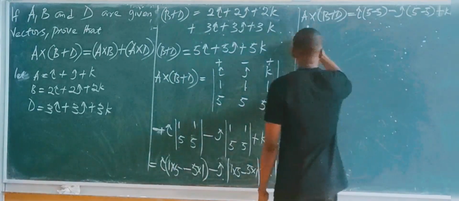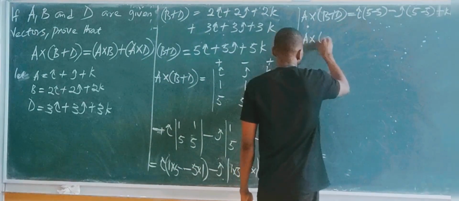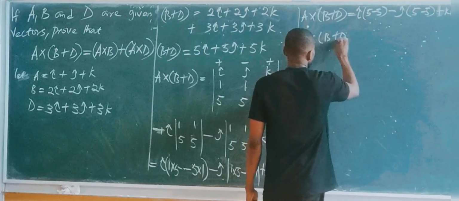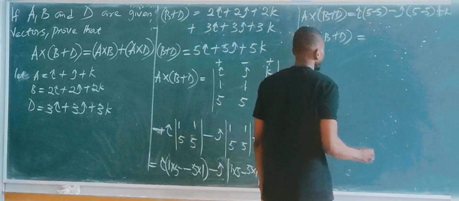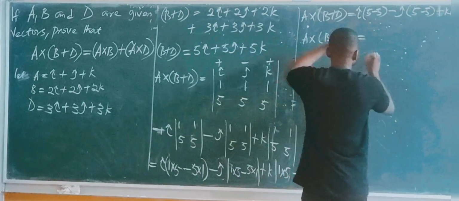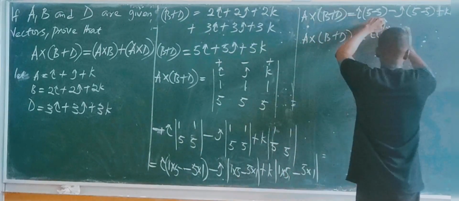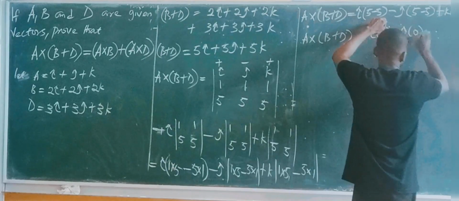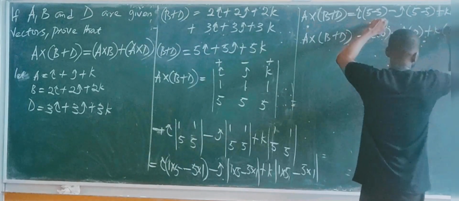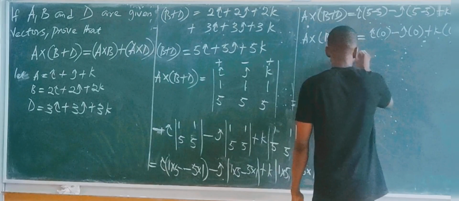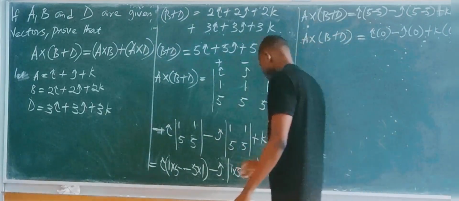And of course, A cross B plus D is actually going to give us 0, because this is i into 0, minus j into 0, plus k into 0, and everything automatically gives us 0.